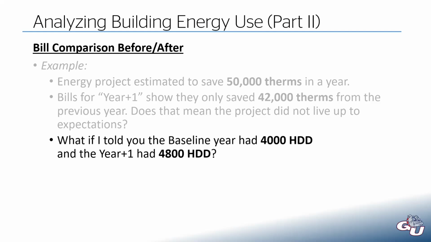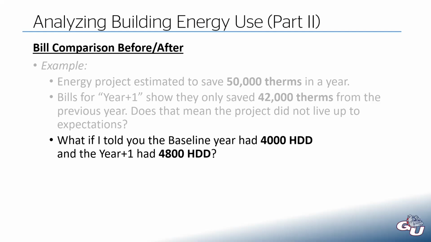What if you did some rough weather analysis and you found out in that baseline year they had 4,000 heating degree days, and in the year after they had a much colder winter and they had 4,800 heating degree days. So they had about a 20% increase in severity in how cold that winter was.